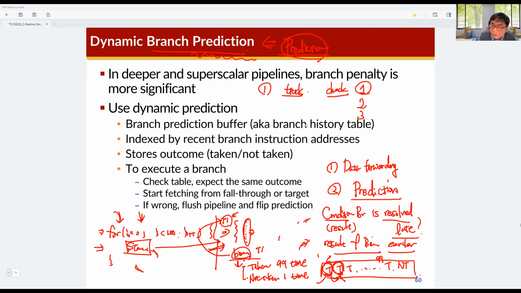That means that if the previous result is taken, then we can predict that the next result can be taken. And if it's not taken, then we can also predict that the result of the next branch instruction is not taken. Or we can also check the two previous events, like taken, taken.